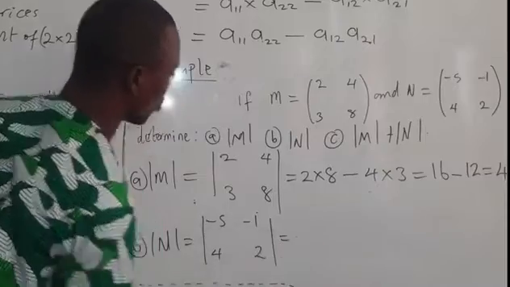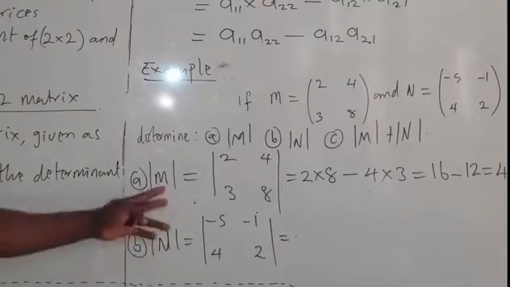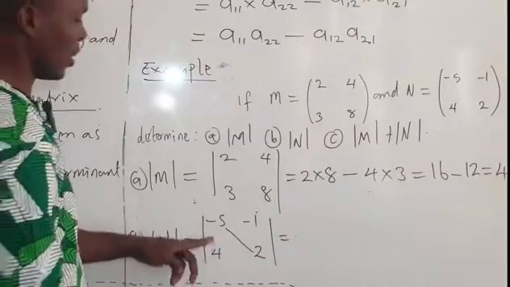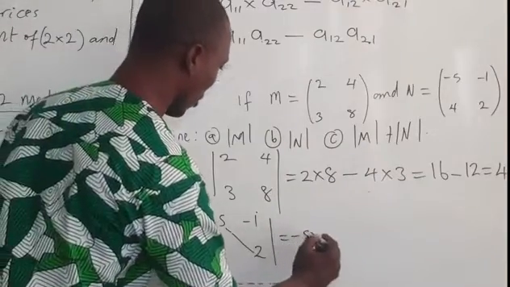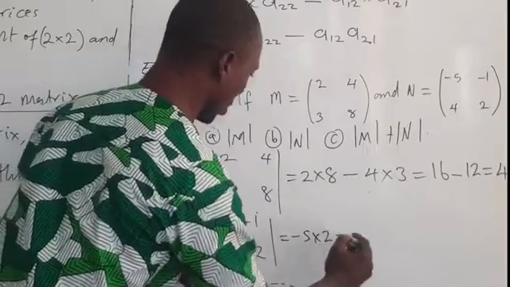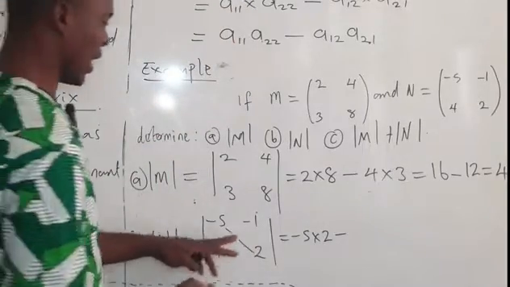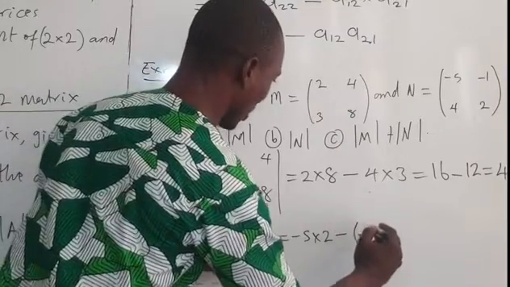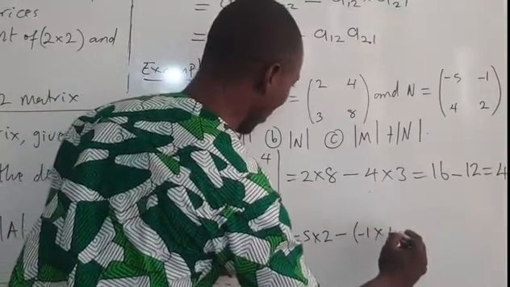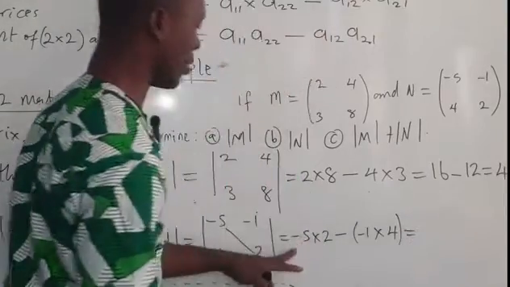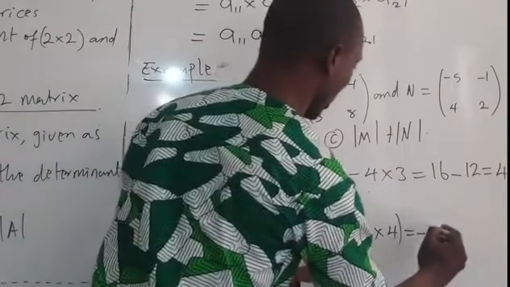We multiply the elements in the leading or principal diagonal, minus 5 multiplied by 2, then minus, the multiplication of the elements in the other diagonal, minus 1 multiplied by 4. Which is equal to minus 5 times 2, that's minus 10.